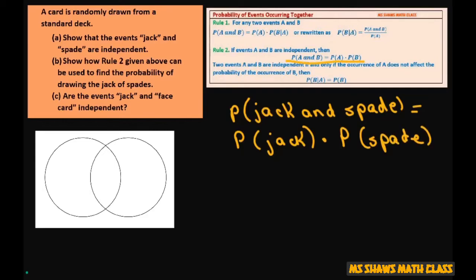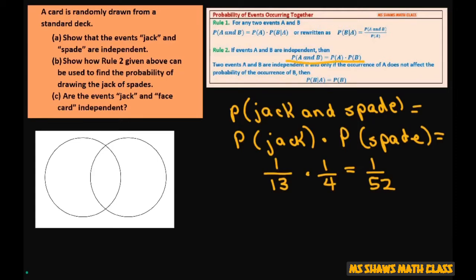When you do that, the probability of Jack is 1 out of 13, and the probability of spades is 1 out of 4. And this equals 1 out of 52.